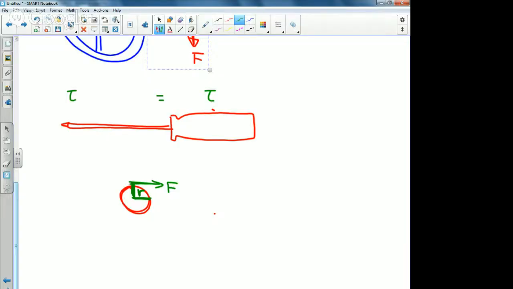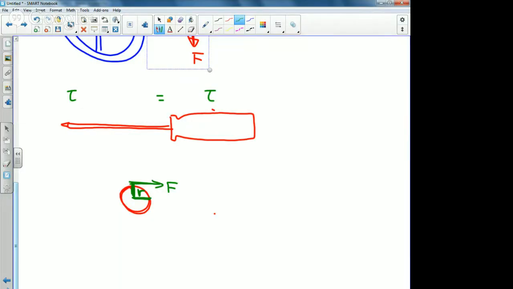With a screwdriver, you have a large radius where you apply a small force, but at the tip you have a small radius with a large amount of force. That's how a screwdriver works, because the torques are equal but they have different radii at different points. Because they're both rotating at the same rate, they have to have the same amount of torque.